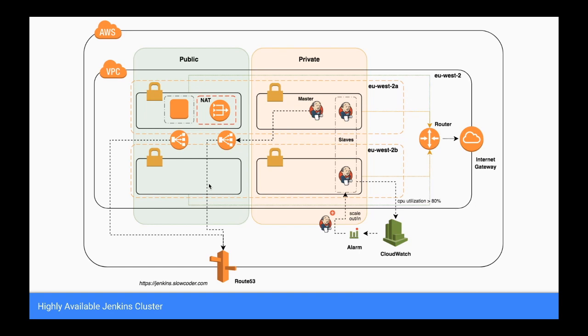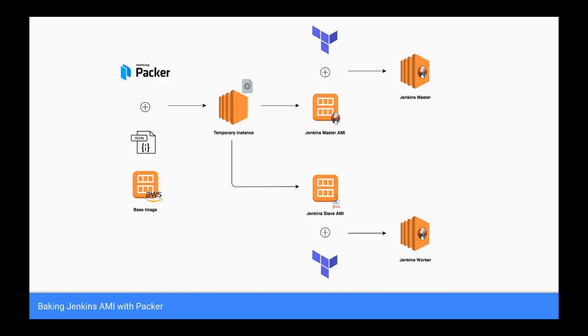So before we get started, we need to build two AMIs, an AMI for the Jenkins master and the second one for the Jenkins workers instances. Hence, we'll be using Packer. So with Packer, we create a temporary instance from the official Amazon Linux AMI, and we will customize this instance to install the Java runtime environment and the Jenkins binary.